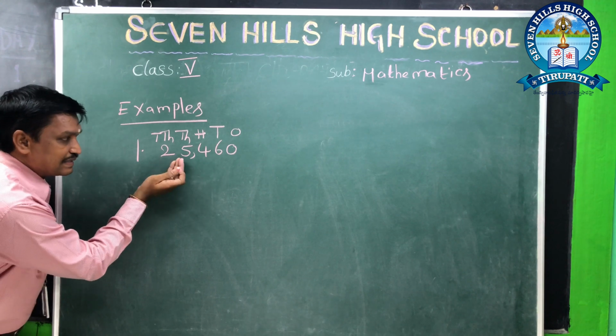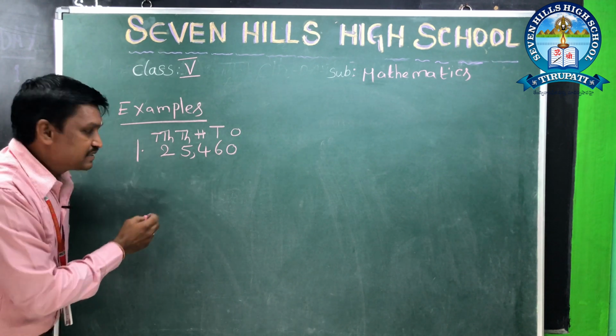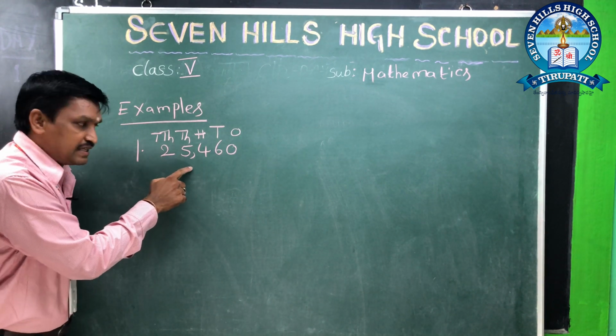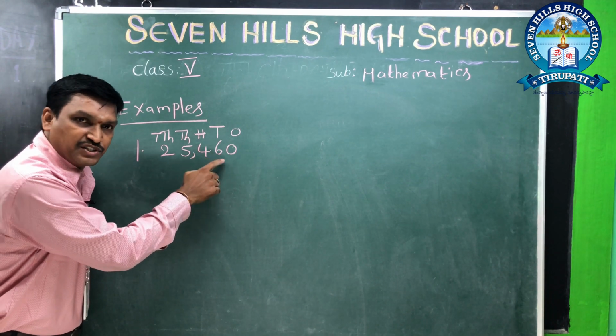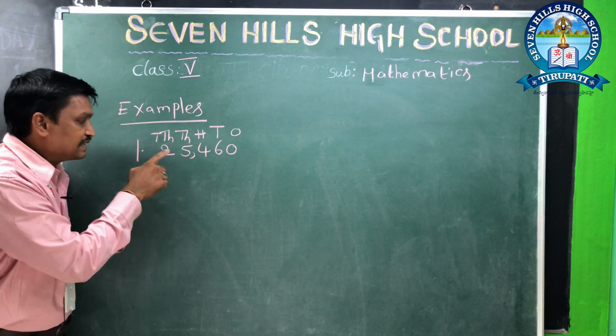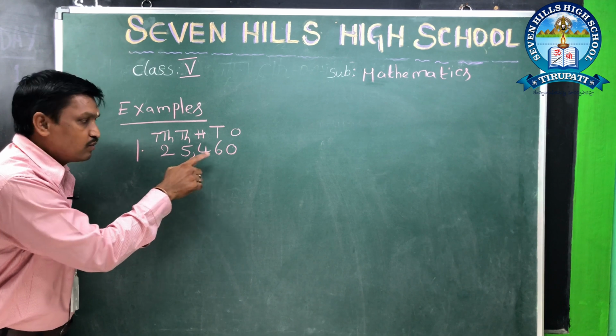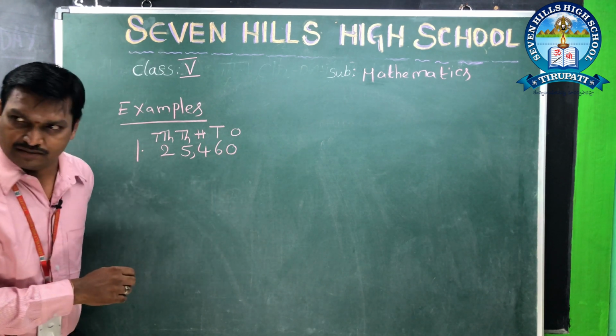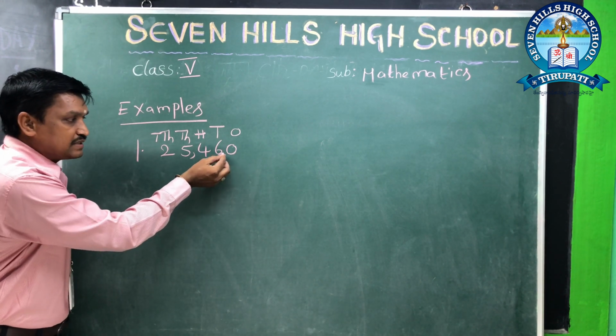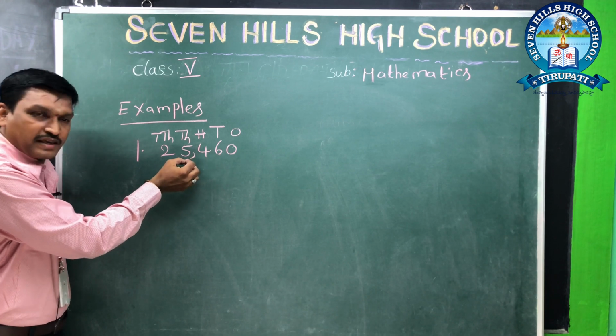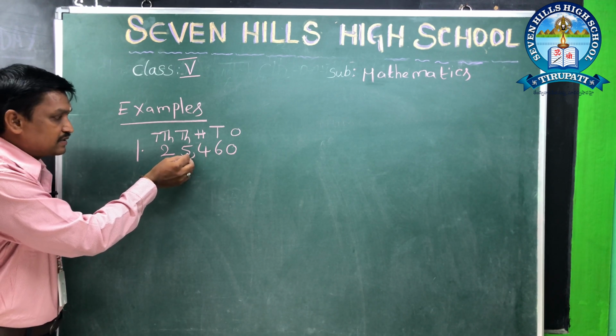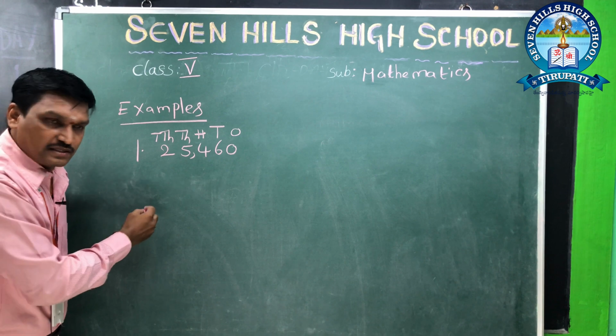Now this number is read as 25,460. Here ones, tens, hundreds, we keep the comma. Next, thousands, 10,000s.